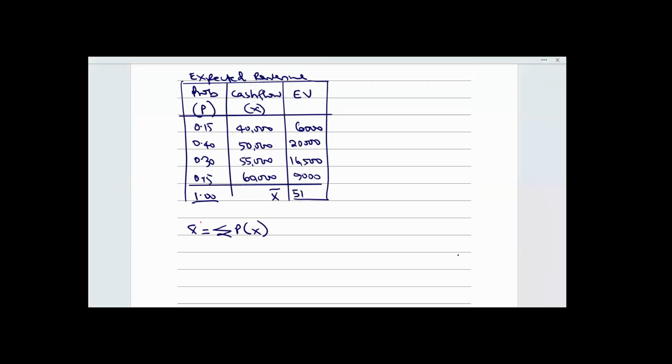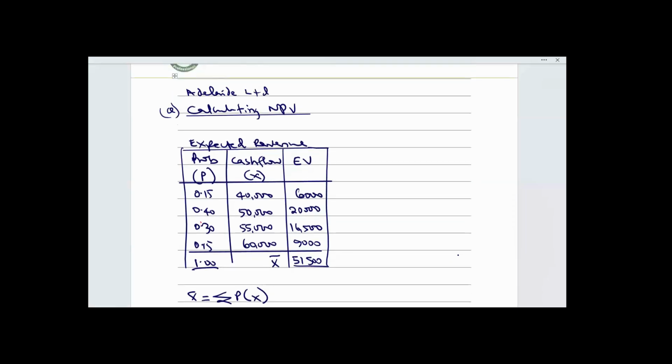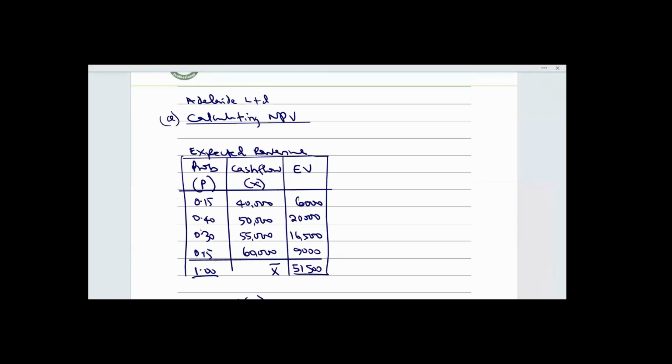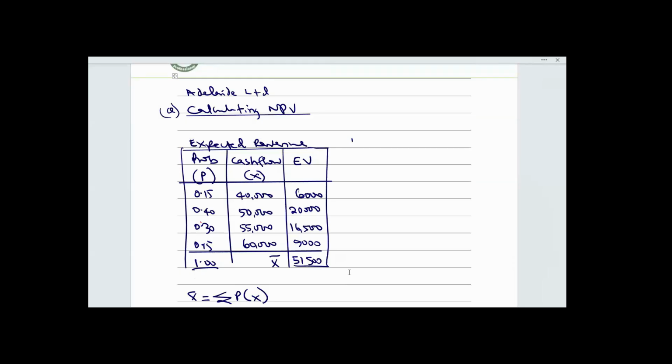51,500 is the expected revenue. Again, we calculate expected running cost. The same way we have calculated the expected revenue is the same way we are going to calculate the running cost.